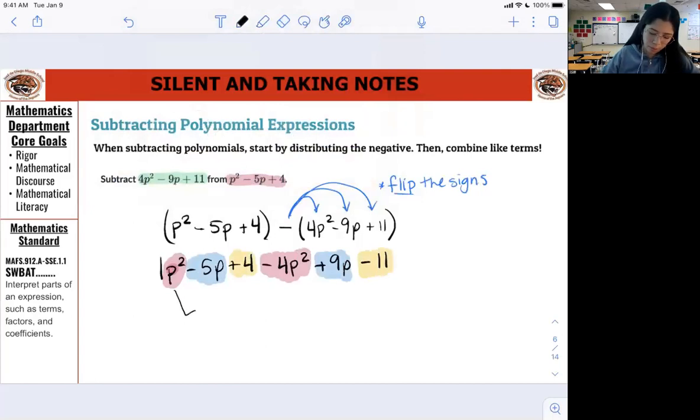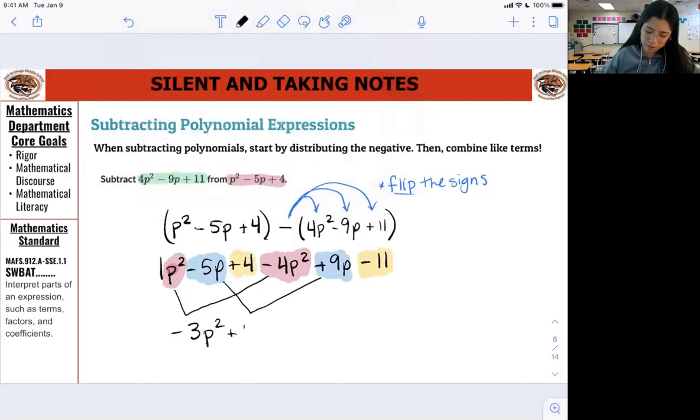1p squared minus 4p squared. What does that give me? Negative 3p squared. Then negative 5p plus 9p. What does that give me? 4p.